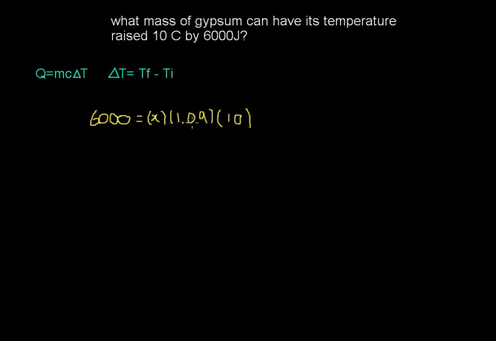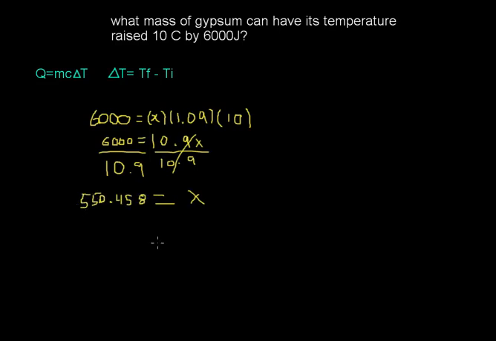X times 1.09 becomes 1.09x, times 10 is 10.9, and divide by 10.9. 550.46 is the answer. So in the end, 550.46 grams of gypsum is needed to have its temperature raised 10 degrees Celsius by 6,000 joules of energy. That's how you do it.